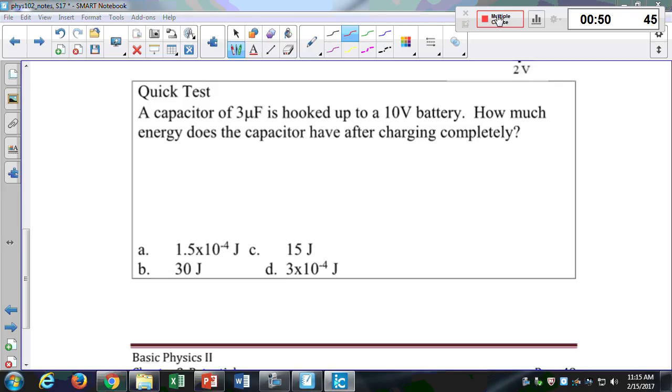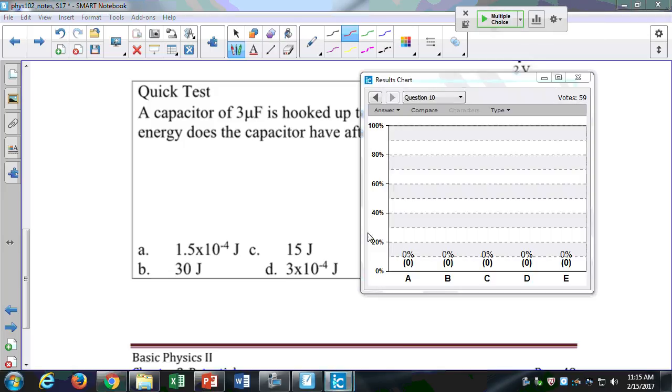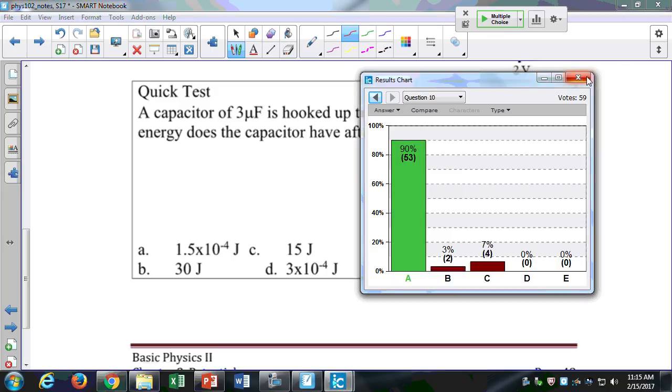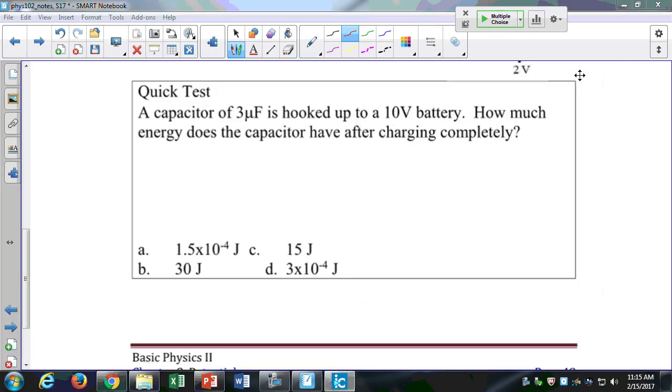All right, let's stop in about 10 seconds. On 104. So that's everybody, I think. Okay, good. A is right. It's really just sort of plugging in the right numbers, right?